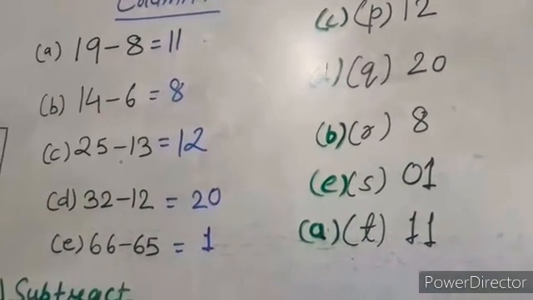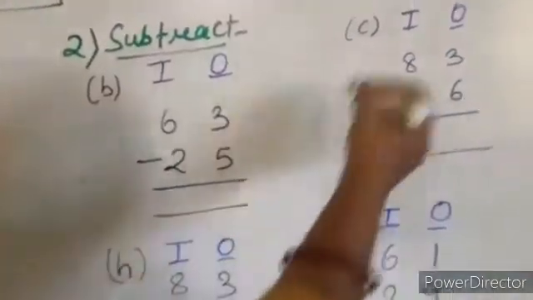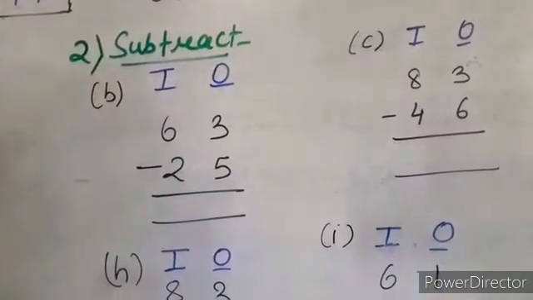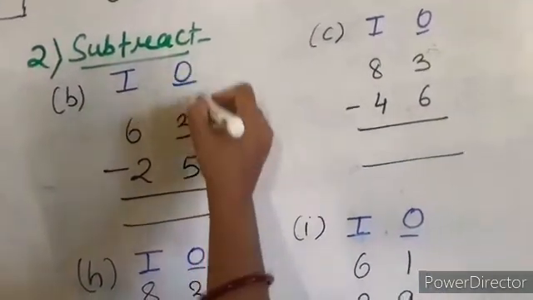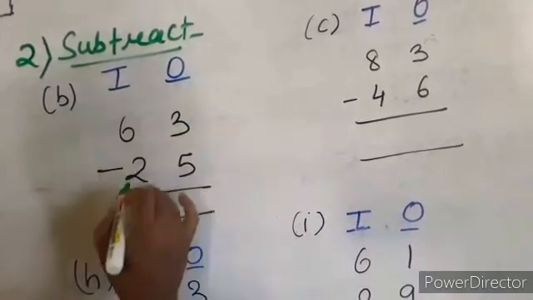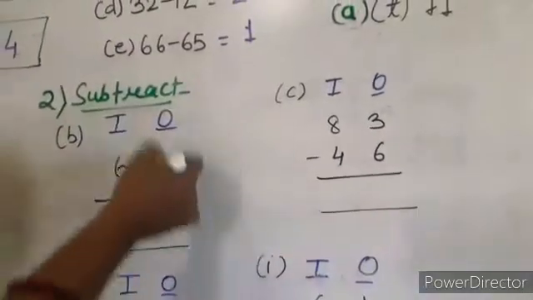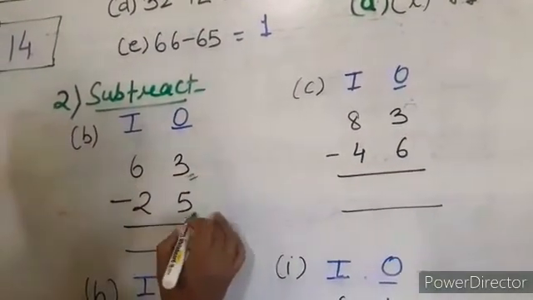Okay, then number 2, subtraction. Here the numbers are given, you have to subtract them. I am going to show you how to do it. Here you can see in the ones place, 63 minus 25. If we subtract the ones place first, that means the right side, this number 3 is smaller than 5.